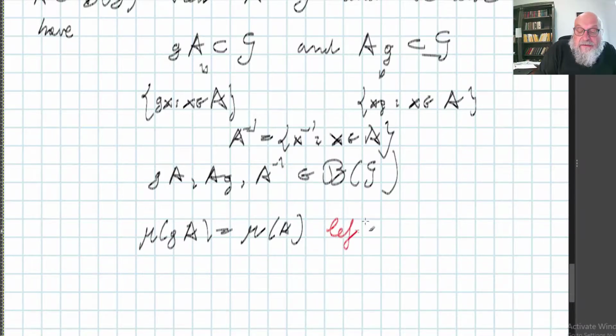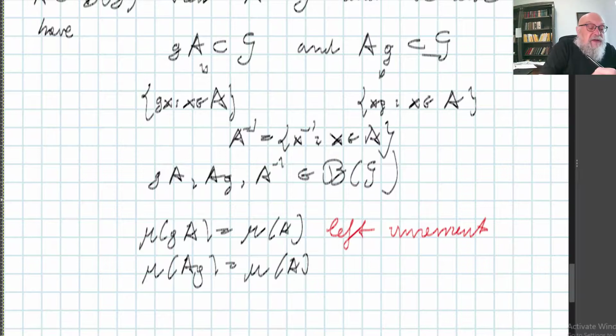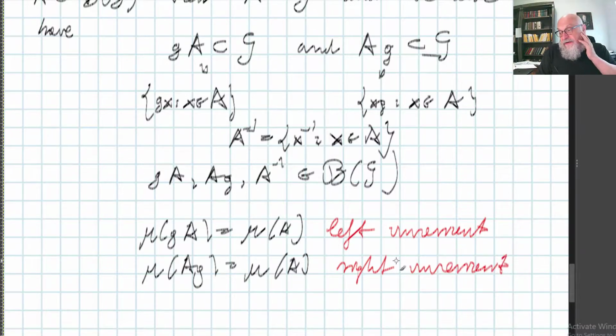The measure is left invariant. And if in addition you have also mu of Ag equal to mu of A, then this measure is right invariant.